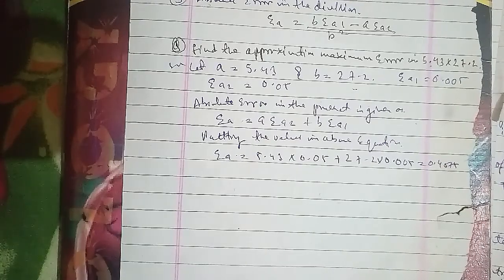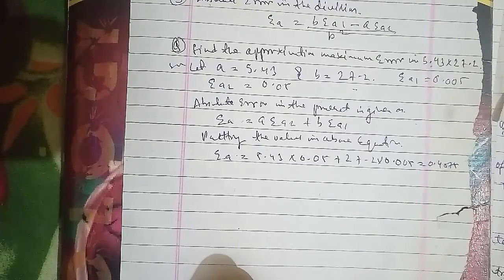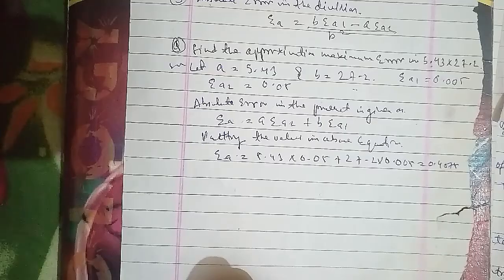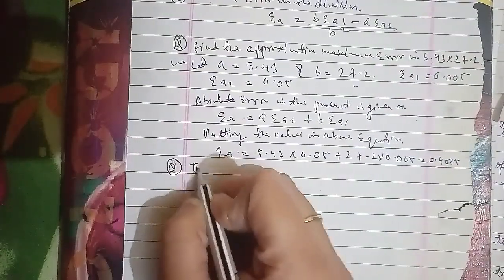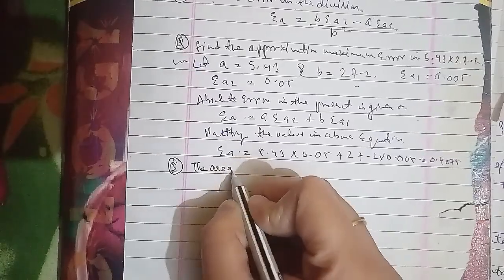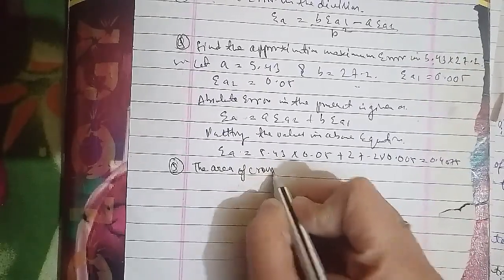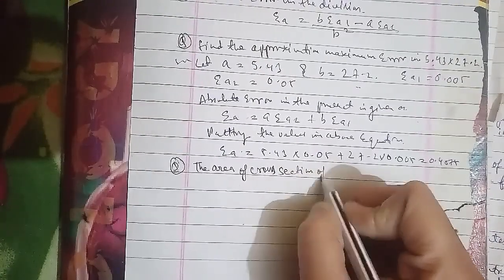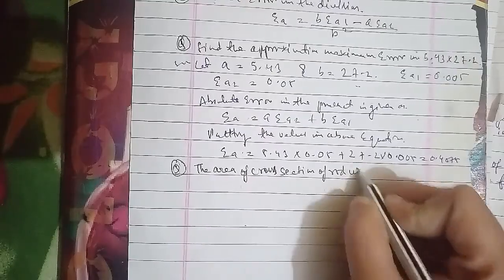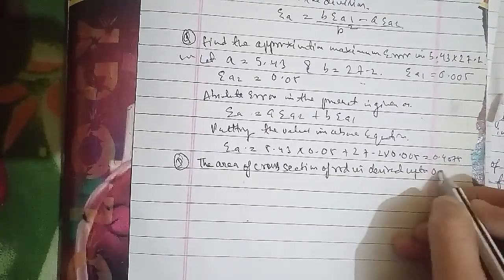So here we're going to start with the next question: the area of the cross section of a rod is desired up to 0.2% error. How accurately should the diameter be measured? So we'll go ahead for the same. The area of cross section of rod is desired up to 0.2% error.